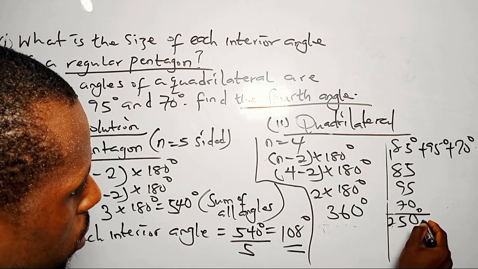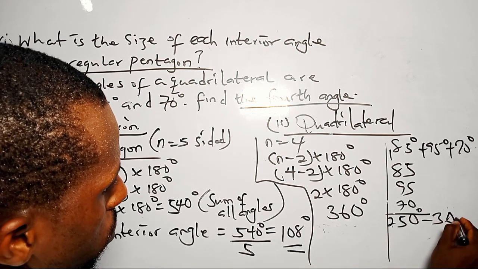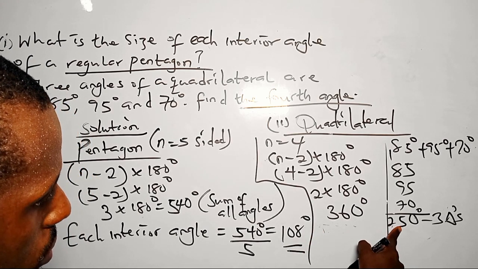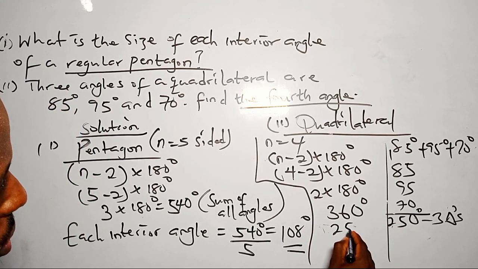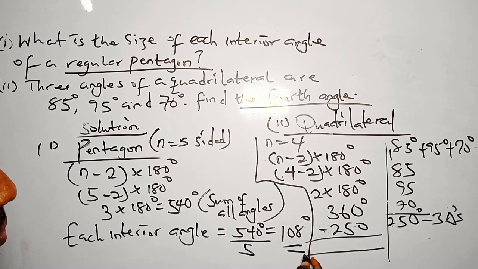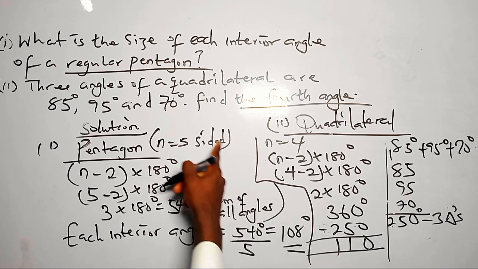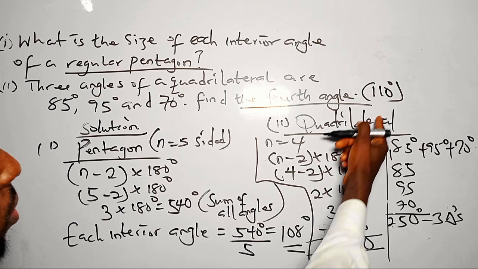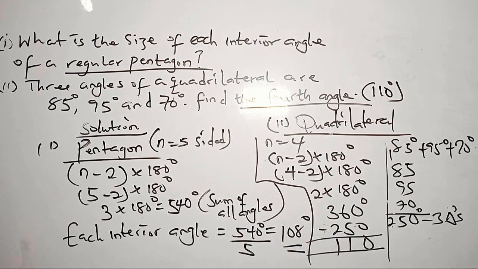If this stands for the sum of the 3 angles, then to determine the 4th angle, we subtract this from 360. So that means the size of the 4th angle is 110 degrees. Thank you very much.